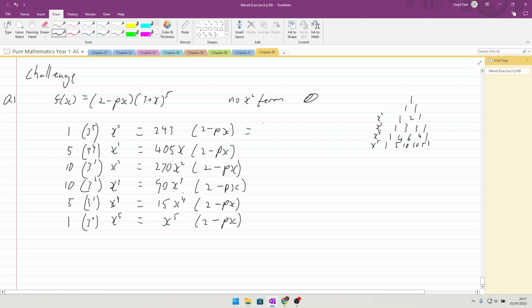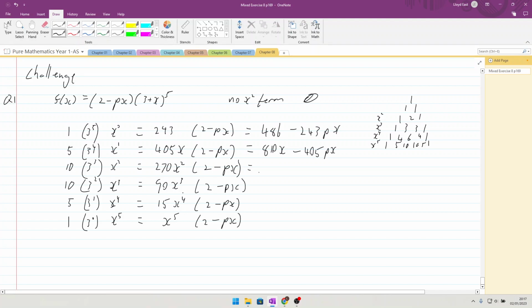So 243 times 2 is 486 minus 243 px, and then we're going to have 810 x minus 405 px.